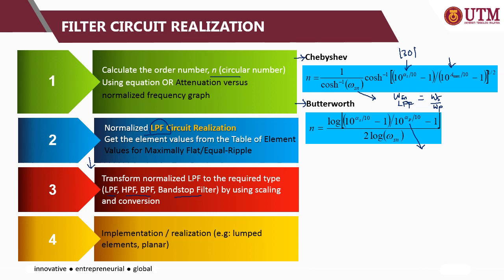So that's scaling in the component values and also in terms of the frequency. So those are the equations that you need to consider in the transformation. Okay, lastly is the implementation, if there's lumped element or planar element to be implemented at the end.